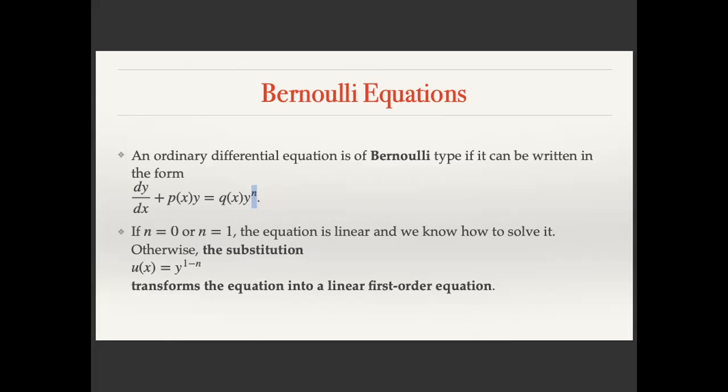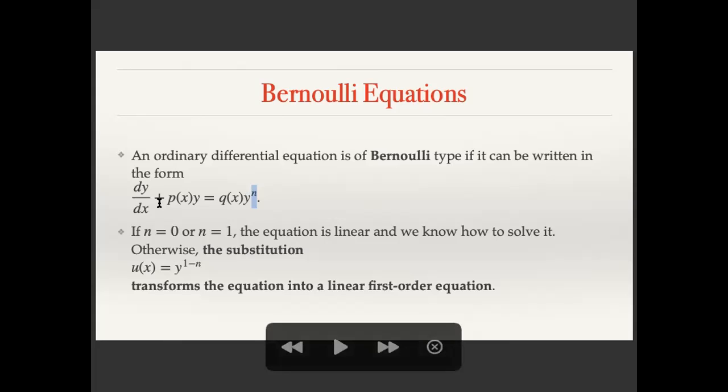Actually, if n is equal to 1, can you tell me what other type this equation might have? Just have a good look. If n there, the power of y, is 1. So what? Separable, right? That's right. So if the power n there is 1, then we can factor y, and we get dy over dx is equal to q of x minus p of x times y.